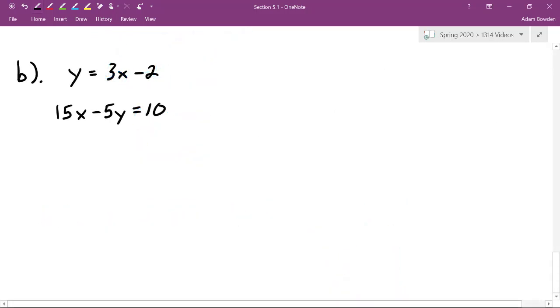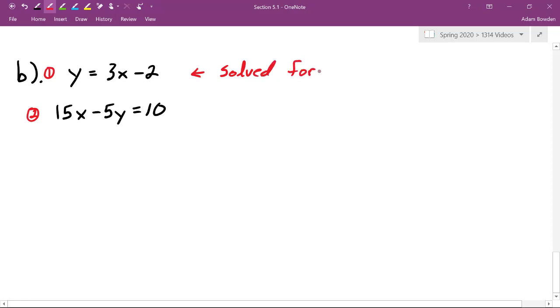Okay, let's try another one by substitution. Here we have y equals 3x minus 2 and 15x minus 5y equals 10. Now notice how equation 1, the first equation, is already solved for y.